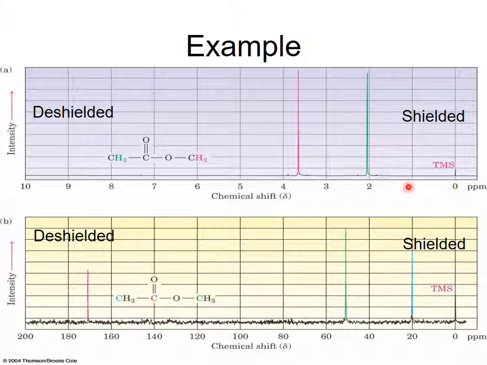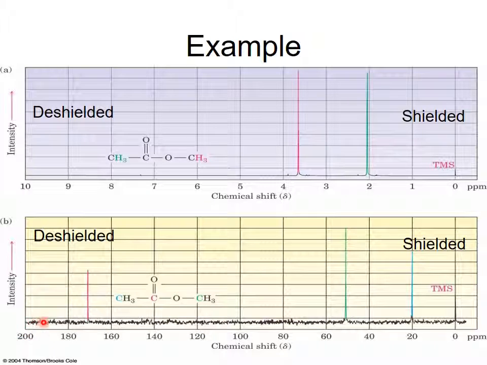The peaks that we see, we call them either peaks or lines or absorbances. They are listed on the spectrum in parts per million. So here on this proton NMR, this is at 2 parts per million, and this is about 3.7 parts per million. The carbon-13 chemical shift numbers are very different, and they go from 0 up to past 200 parts per million.